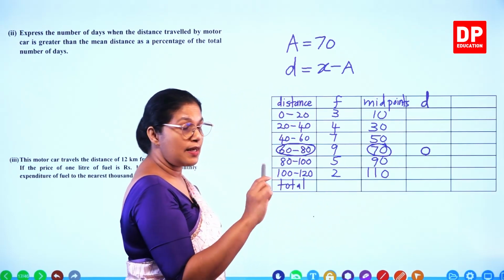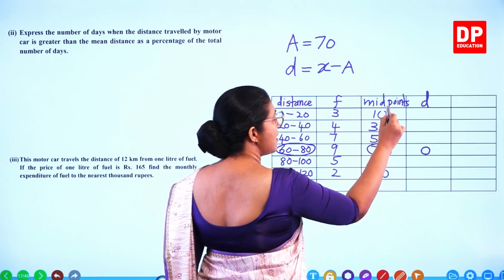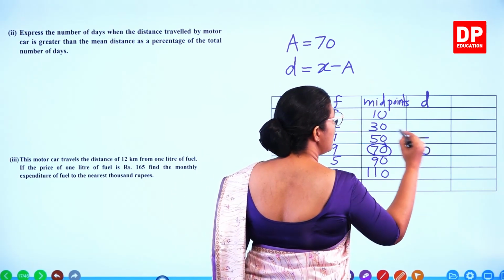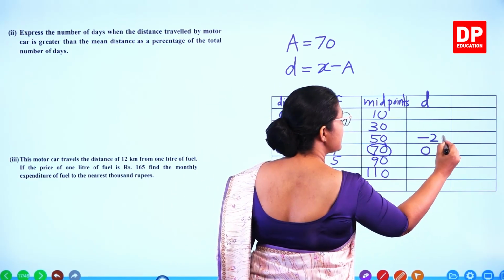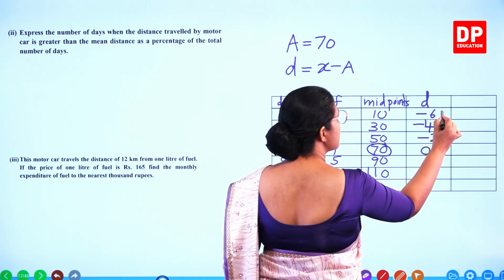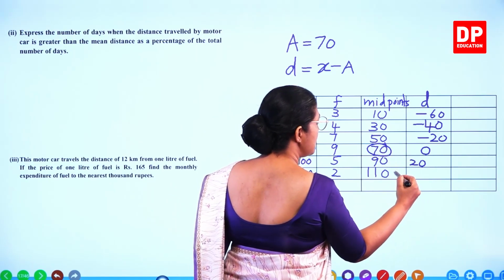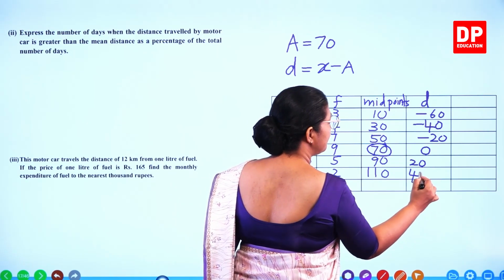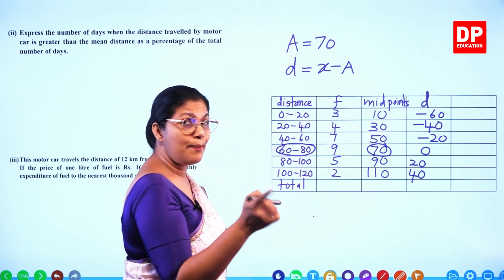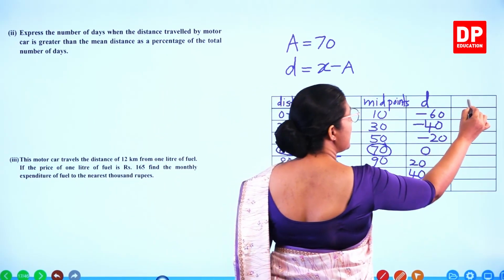The difference with the same number is 0. Then what is the difference? Here, the upper values you get minus values, minus 20, minus 40, minus 60. Subtracting, you get positive values here, 20 and then 40. Now what's the last column? You have to multiply f and d.